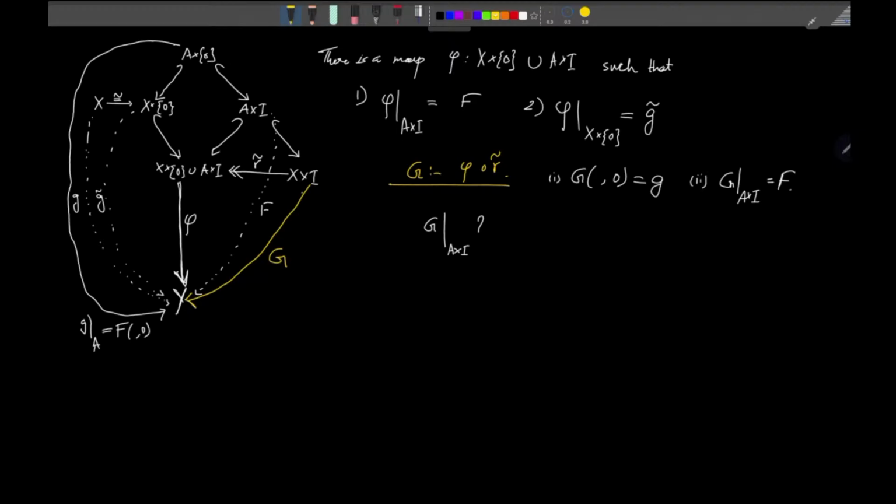We have here A cross I, and we are injecting it to X cross 0 union A cross I. We are injecting it to X cross I, but we also have the canonical inclusion, the same one I drew over there, X cross I, and we have the retraction R. There is this canonical inclusion, the image of R, which I'm not willing to write right now.